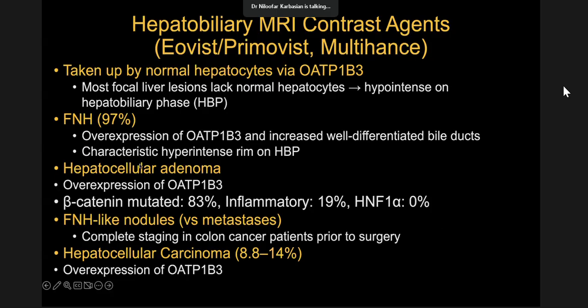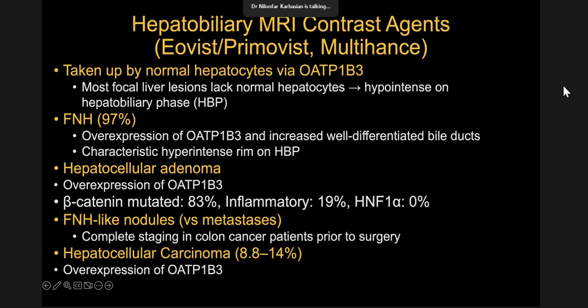So with this in mind, we are less confident about slam-dunking FNH on hepatobiliary phase. We always have to give a differential and judge case by case based on the overall presentation, age, gender, and how it's doing over time. But just bear in mind that hepatobiliary is not specific to FNH.